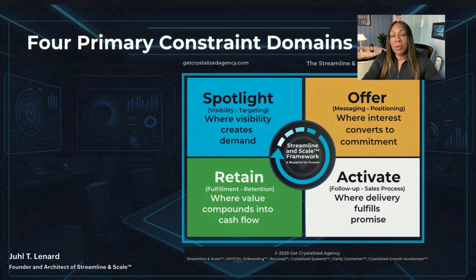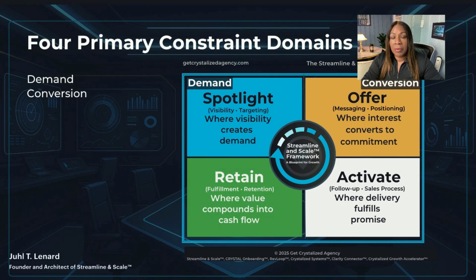The 4 primary constraint domains are aligned with the revenue system in the sense of where to go and look for the constraints within the system. Demand domain constraints are identified and managed in Spotlight.